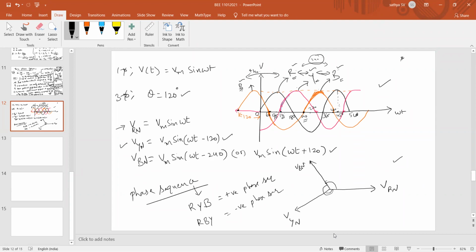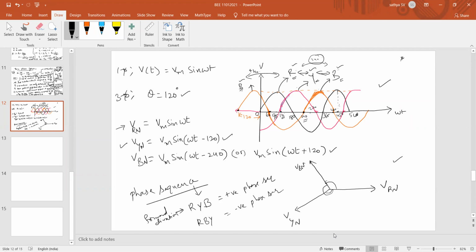Sir, what is the difference if I change the phases? Surely there is a difference. If you are in this phase sequence, let us take an induction motor, that will run in the forward direction. For our machines, the direction in which they rotate is very important, right? If the machine is to run in the forward direction, it should be RYB.